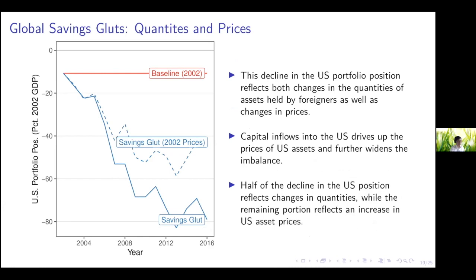As investors bought more US debt, this dashed line plots what would have been the counterfactual portfolio imbalance, but at 2002 prices rather than at the counterfactual prices. You can see that a lot of the widening just comes from the fact that investors abroad are purchasing US assets. But then the additional price adjustment is going to increase this portfolio imbalance to this final straight blue line here. Good. All right. I want to make sure that point is clear.